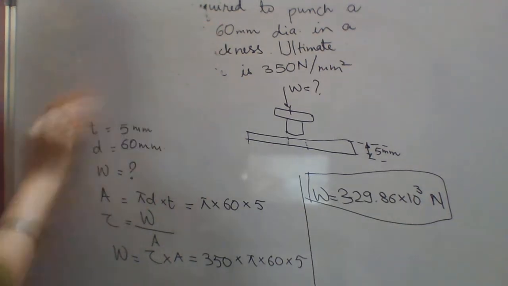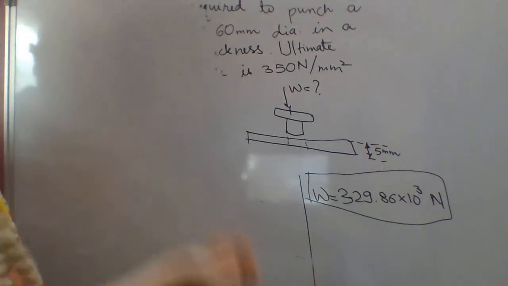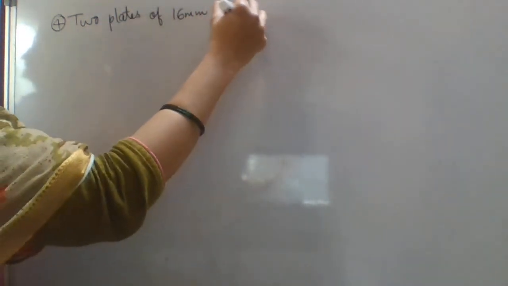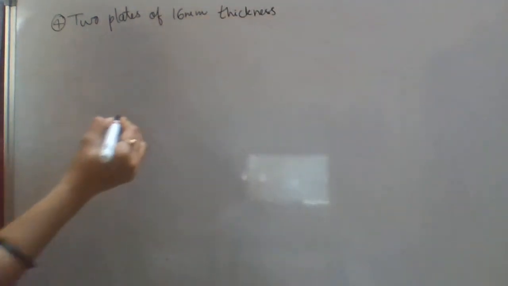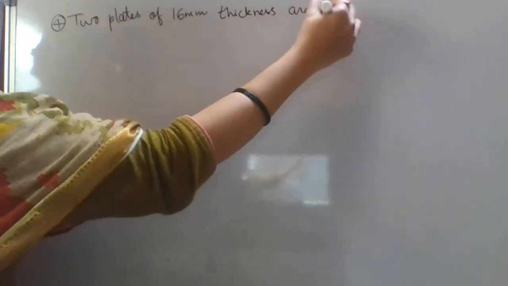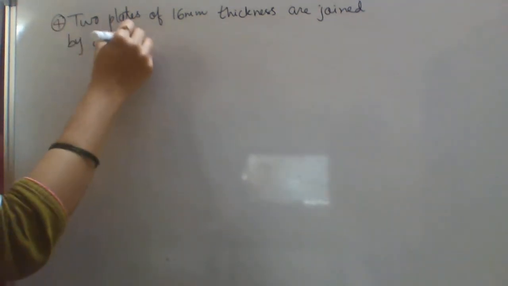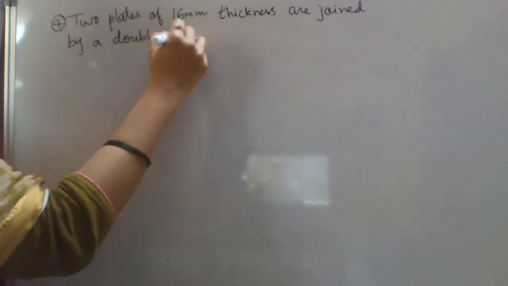Question number 4, numerical number 4. Two plates of 16 millimeter thickness are joined by a double riveted lap joint.